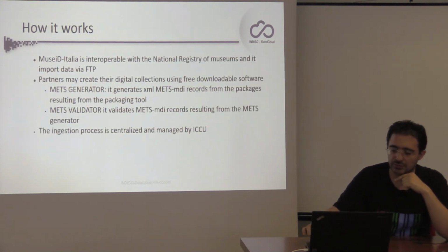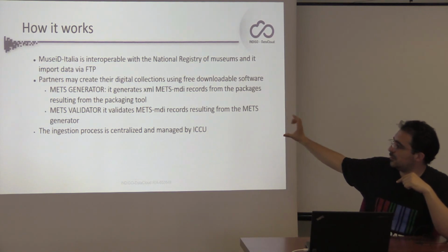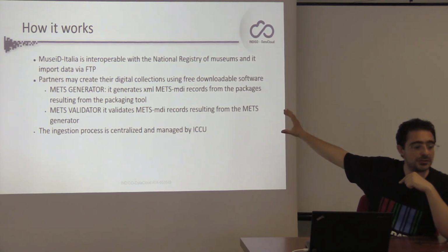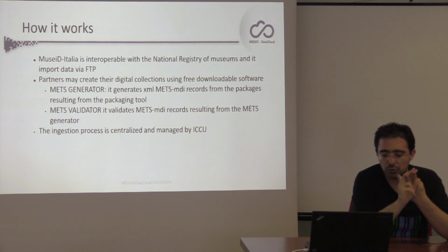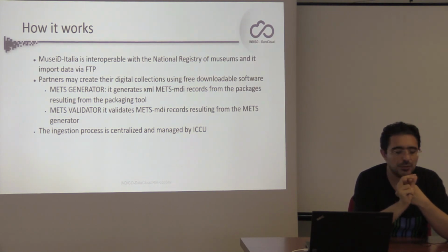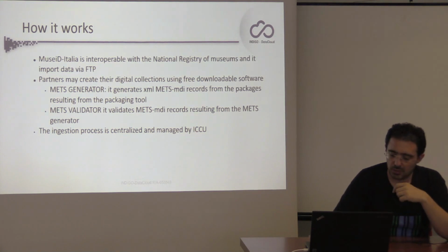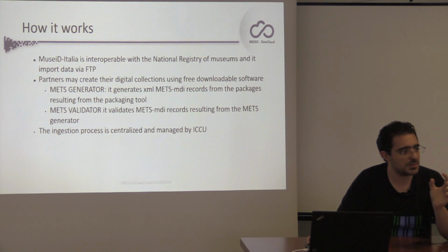I already said, okay, so basically of this slide the most important part is the central part. We have actually two different free downloadable softwares, which are the METS generator and the METS validator. So the METS generator generates a record for every digital object and then for the collection itself, in order to create a package that should be uploaded to the server.